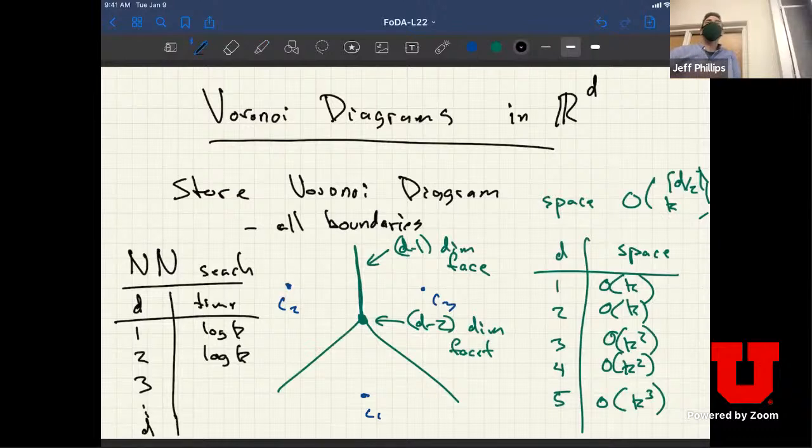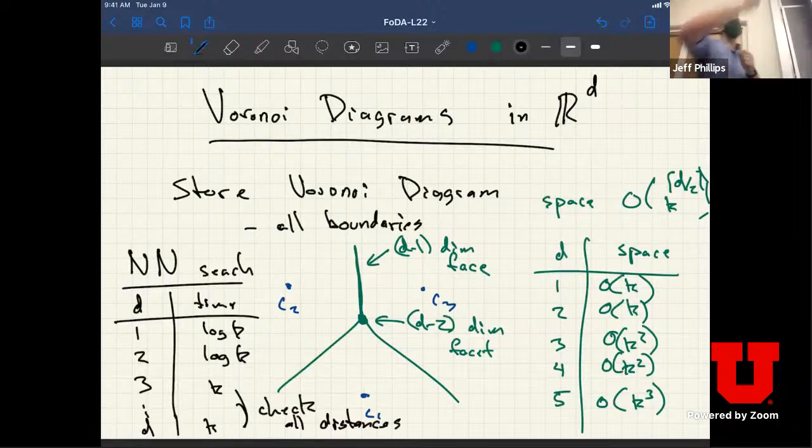I can always just check all the distances. There are only K of them, right? So I can do this in O of K time. So I can always just check. For these, I just check all. So I measure all the distances to all of the objects, and I see which one is the smallest. Okay, so I can do that, and this is how the algorithms will run. They will compute the distance to all the objects, and they'll take the one that's the smallest.